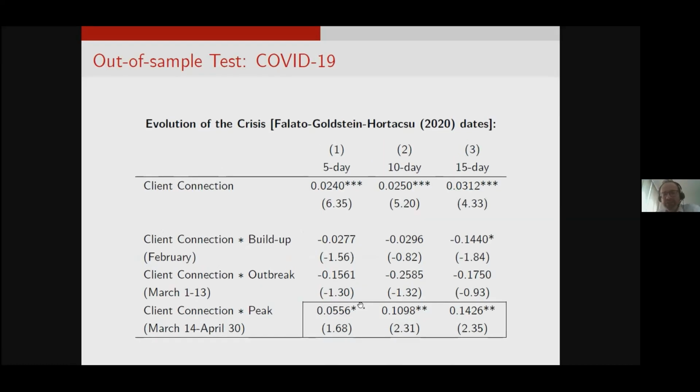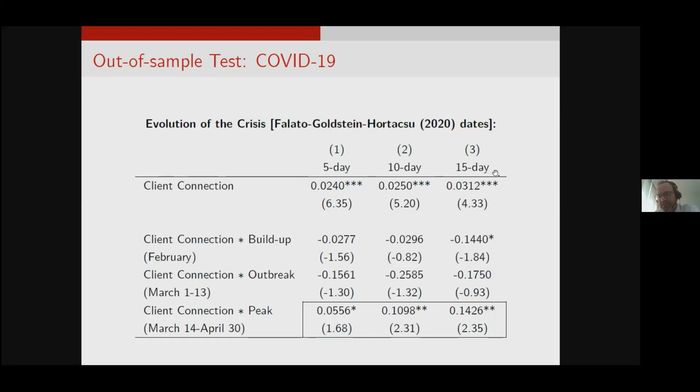And what we find is, first of all, this is a different data set, because obviously COVID happened last year and our baseline data set finished in 2017. So there is a different data set which also has the identities of counterparties, which we processed so we can run our baseline regression over the last 3 years as well. That's why we call it an out-of-sample test.